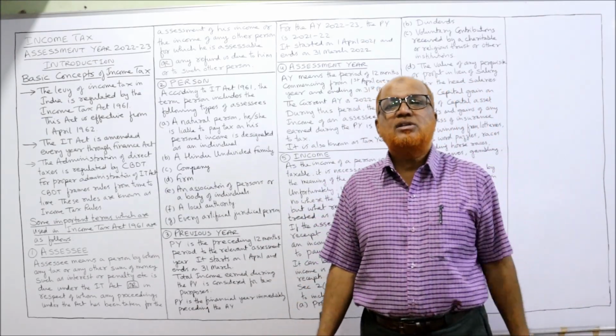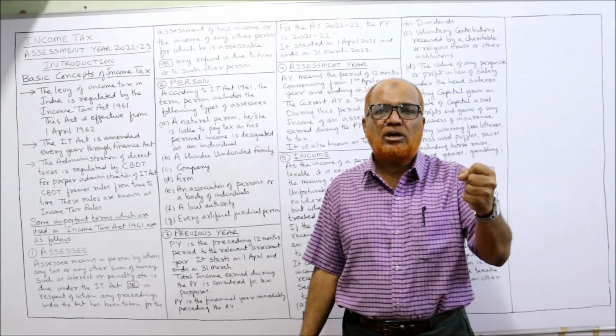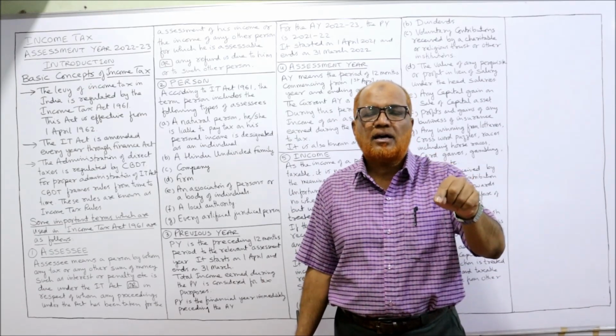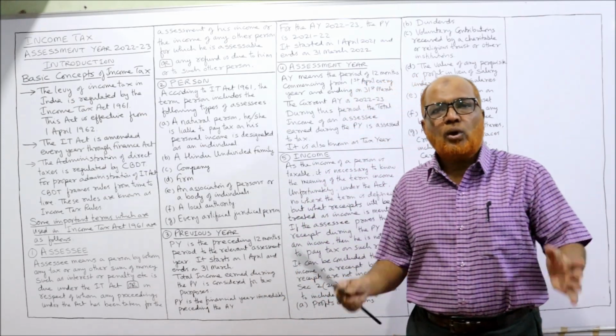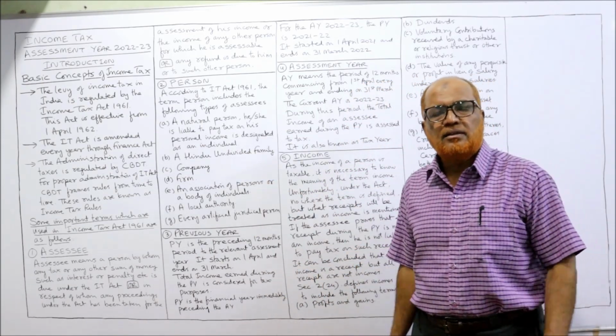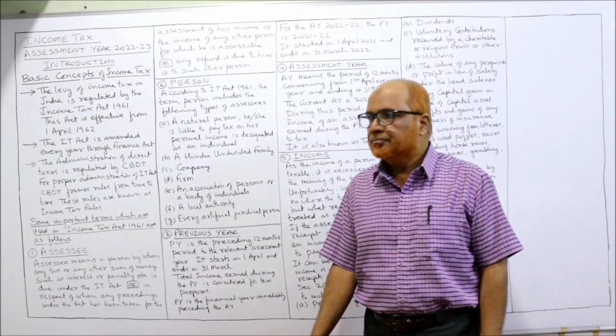The head of the family is called the Karta. The Karta is responsible for managing and controlling the whole HUF business, and the Karta is liable to pay tax on behalf of the HUF. The HUF is also a person according to the Income Tax Act. The other persons of the Hindu undivided family are called co-partners.